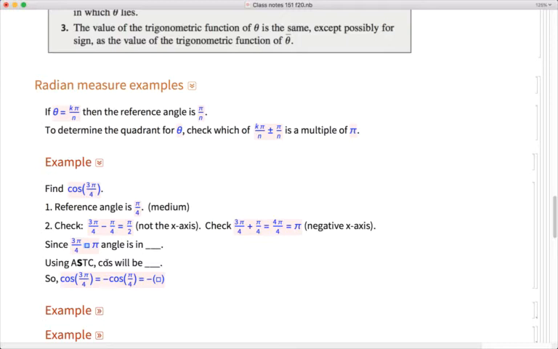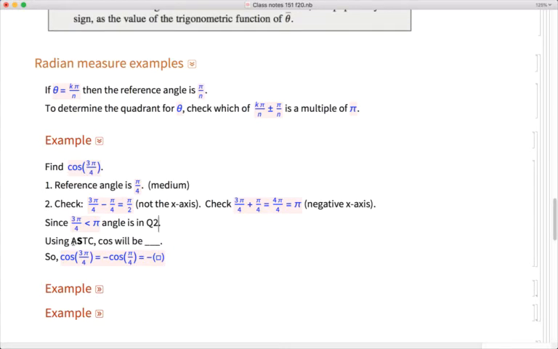Okay, so we've identified the side of the x-axis that our angle is close to. It's close to pi, but it's less than pi. So that tells us that our angle, 3 pi over 4, is in Q2. We've come around past 90, entered into quadrant 2, but we have not yet hit pi, so we're in quadrant 2.